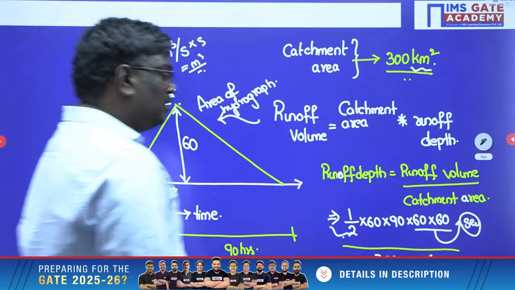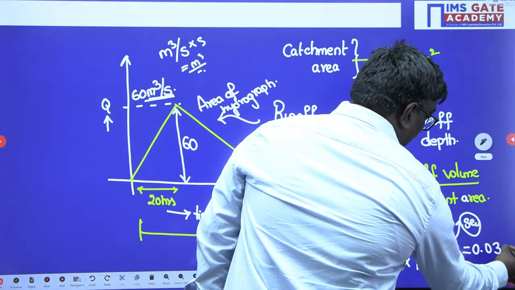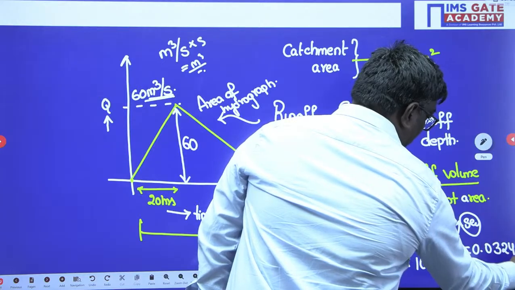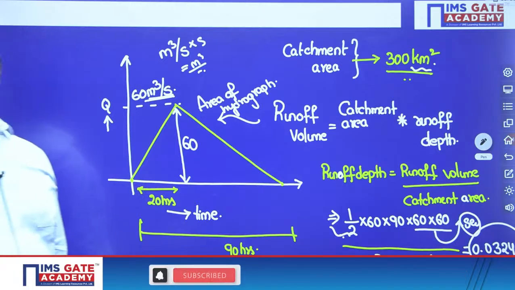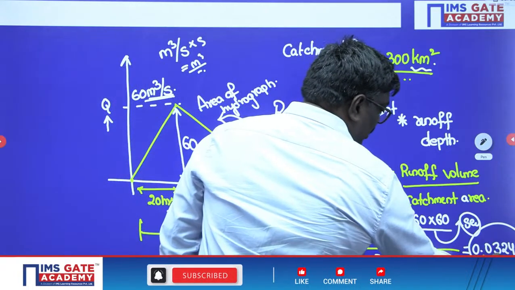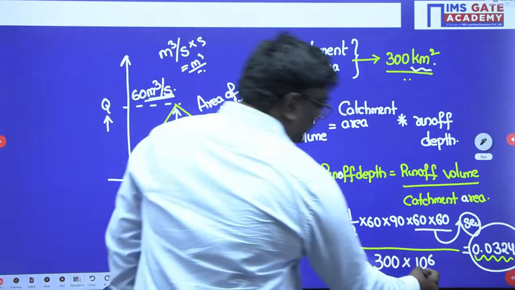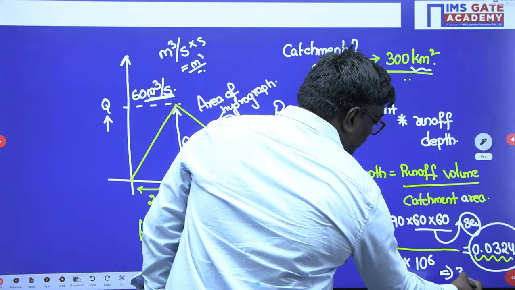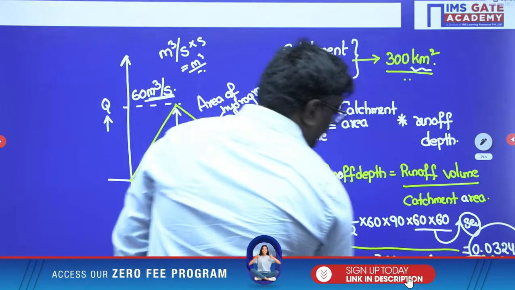If you solve this, you will get 0.0324 meter. Am I clear, my dear students? If you convert this into centimeters, this value will be equal to 3.24 centimeters. Are you clear?